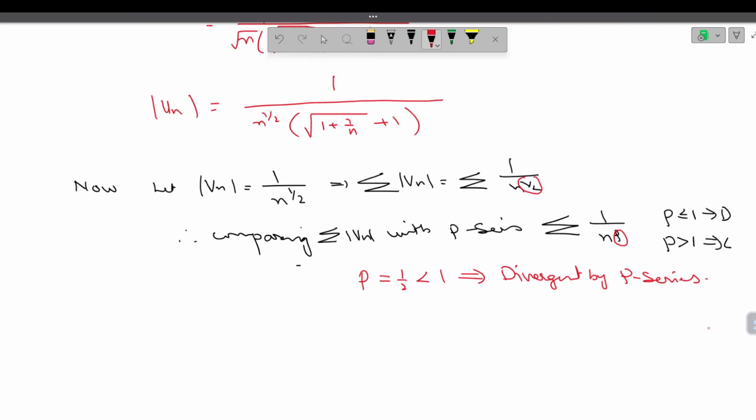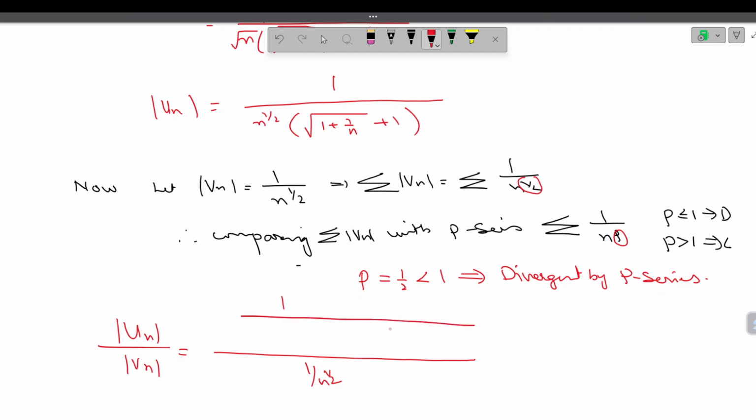Now, mod of un by mod of vn: mod of vn is 1 by n to the power of half, and mod of un is 1 by n to the power of half into 1 plus 1 by n plus 1.